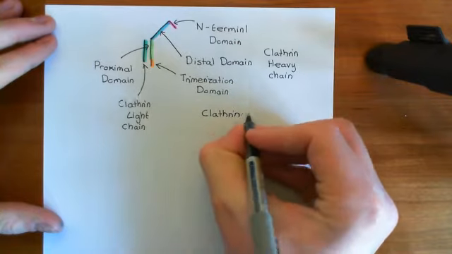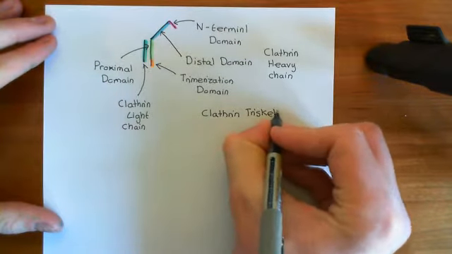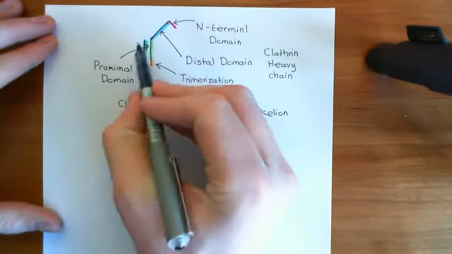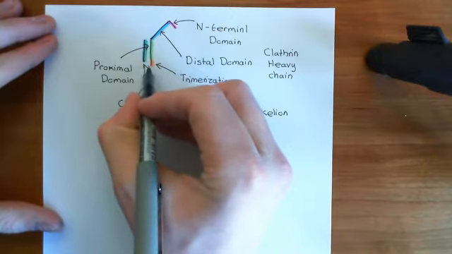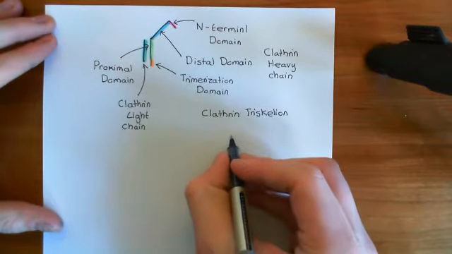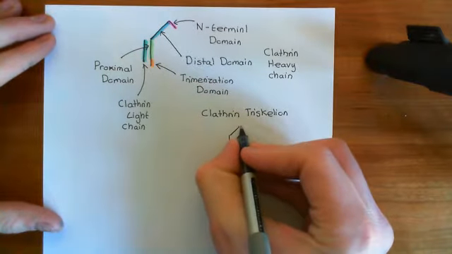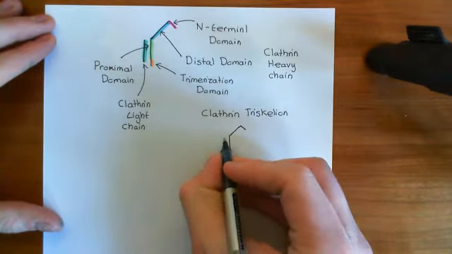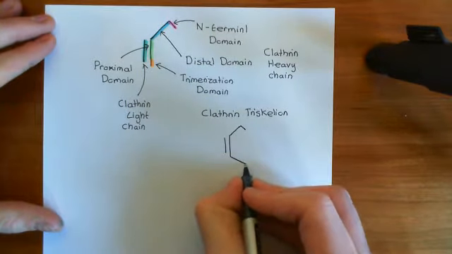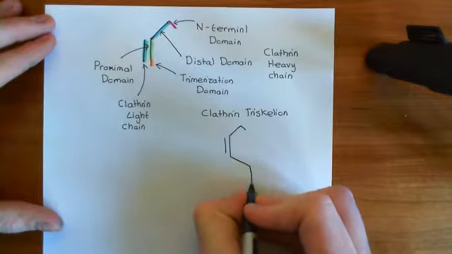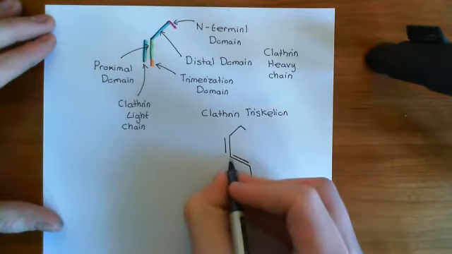Let me show you the structure of a clathrin triskelion then. What you're going to do is take 3 of these clathrin molecules and trimerize them together by binding them at the trimerization domains of the heavy chains. So here is our first clathrin heavy chain, like so. It's got a clathrin light chain associated with it, and then you're also going to have another clathrin heavy chain here, which will again have a clathrin light chain associated with it.